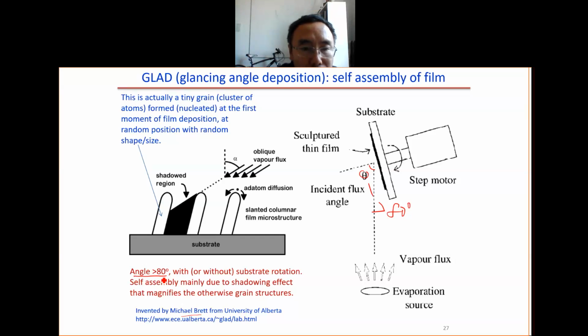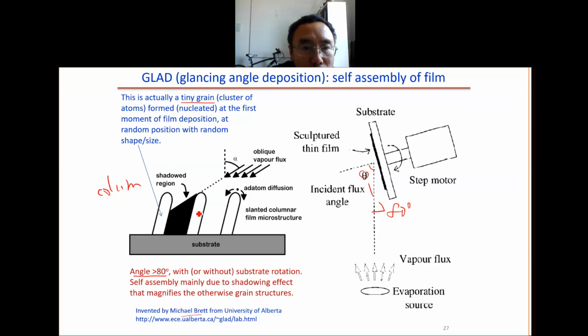When we have a very high angle, the deposition gets columnar. You can imagine this is a tiny grain. It shows large, but actually this is a tiny grain, a cluster of atoms formed, nucleated at the first moment of the film deposition, at random positions with random size and shape.